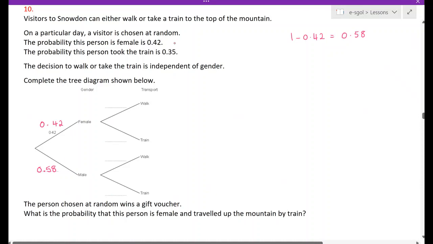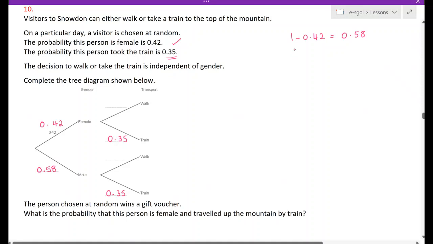So I dealt with this first part here, and then it says the probability this person took the train is 0.35. So I'm going to fill that in on my diagram. So for train, it's 0.35, and down here again for train, it's 0.35. I'm now in the same situation where each pair of branches adds to 1. So I say to myself, what do I add to 0.35 in order to get to 1?